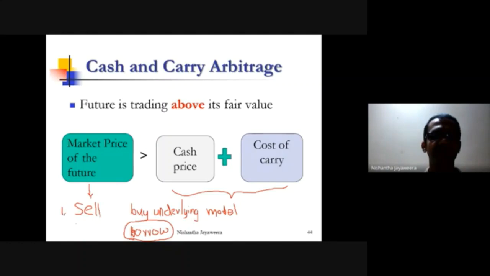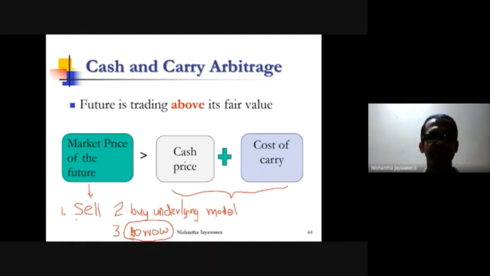Those are the three transactions that we have to carry out. This is the first transaction, this is the second transaction, and this is the third transaction. We have to carry out these three transactions immediately to exploit this arbitrage opportunity. The market futures price is higher than the implied futures price, so the market is expensive.